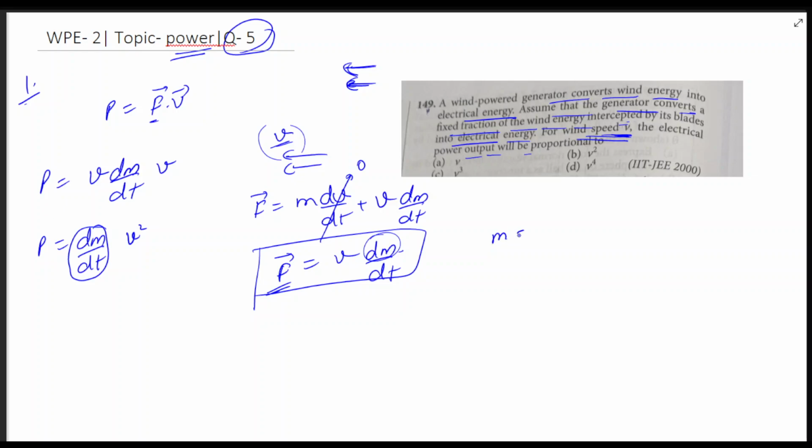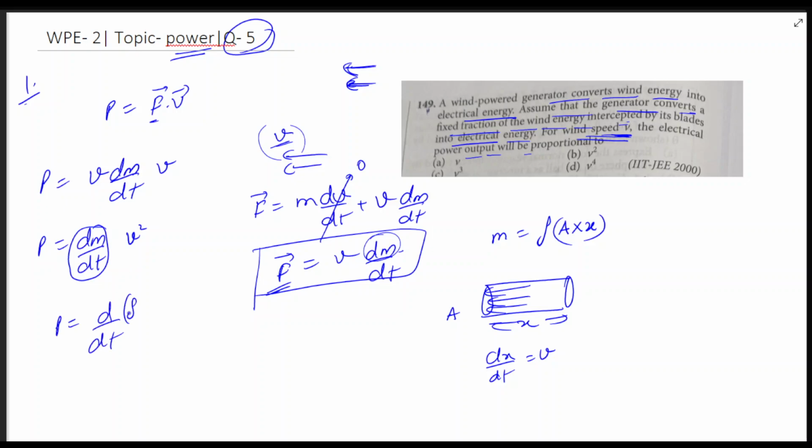So we'll have mass as density into area into x, the length. Okay, so let's say this is the air column. It has area A and x is this, right? And x is changing with speed v. So dx by dt is what? V. So let's just put it here. So we have d by dt of rho A x into v square.